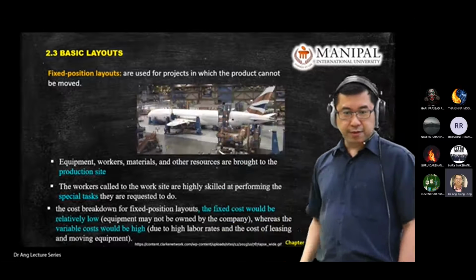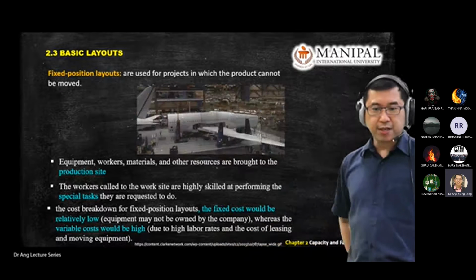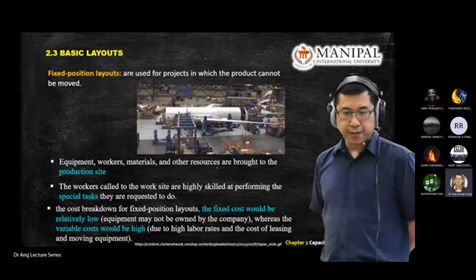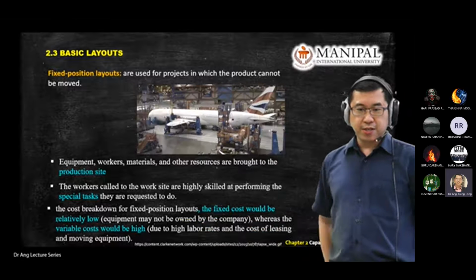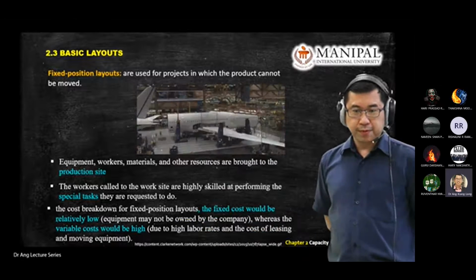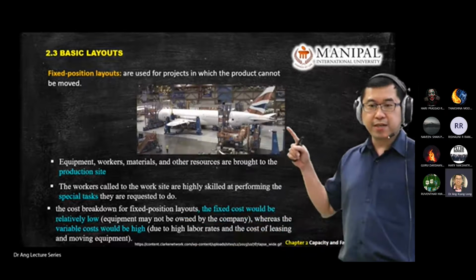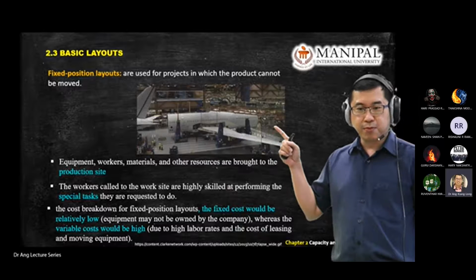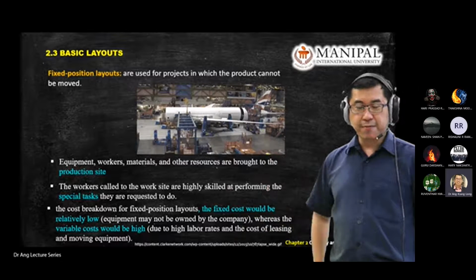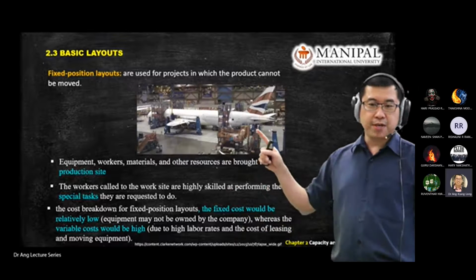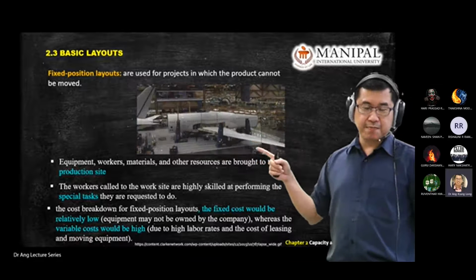The rest you can read, quite a long sentence here. It's about cost. So fixed costs can be low, because you keep repeating producing the same products. For example, an aircraft manufacturer. The equipment is there, right?